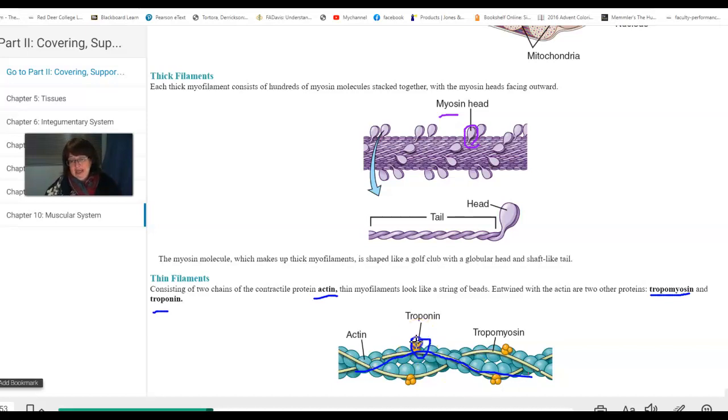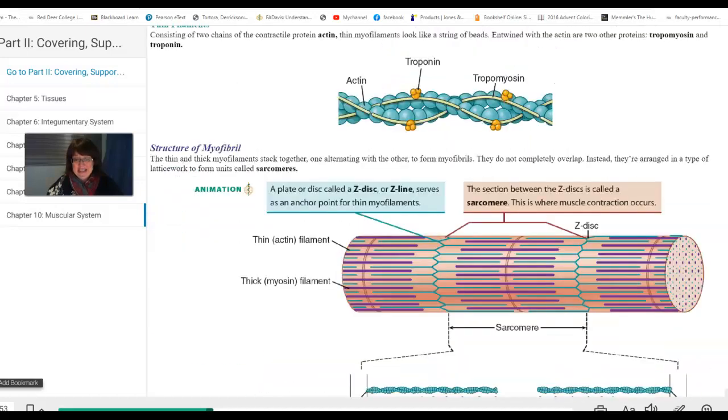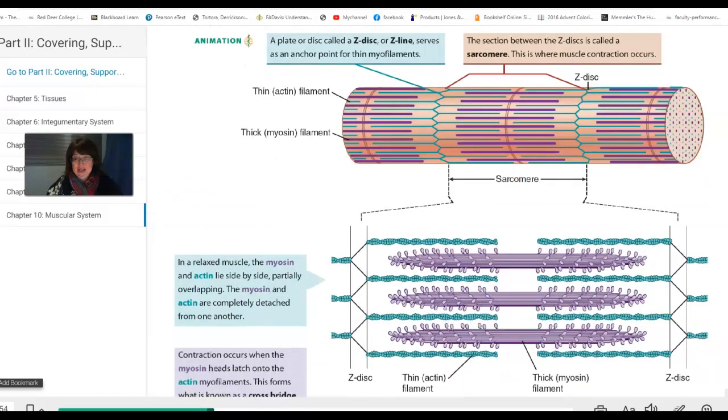And troponin is the molecule that will pull on the tropomyosin. So, actin, troponin, tropomyosin. Troponin is attached to the tropomyosin, and tropomyosin blocks the binding sites where the myosin normally acts. Now, when this is all set up, don't worry about the term Z lines.